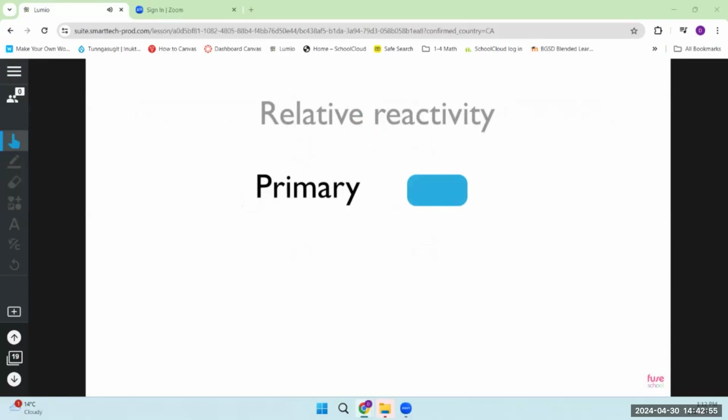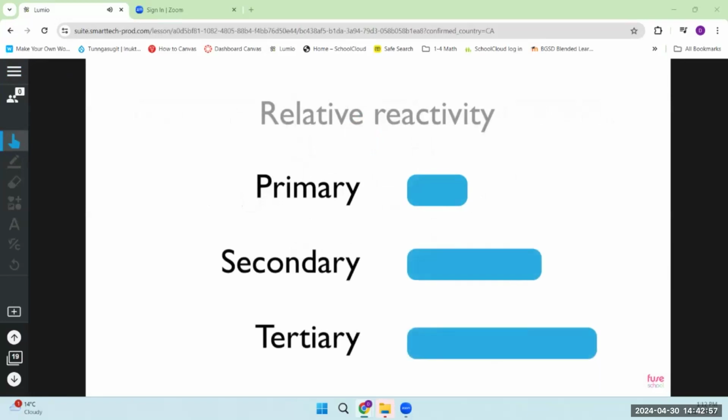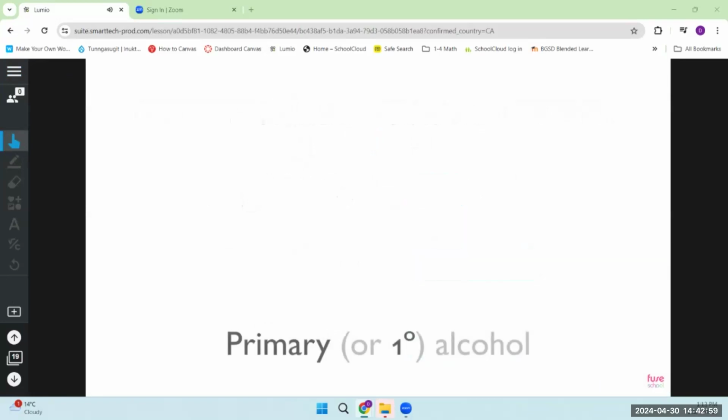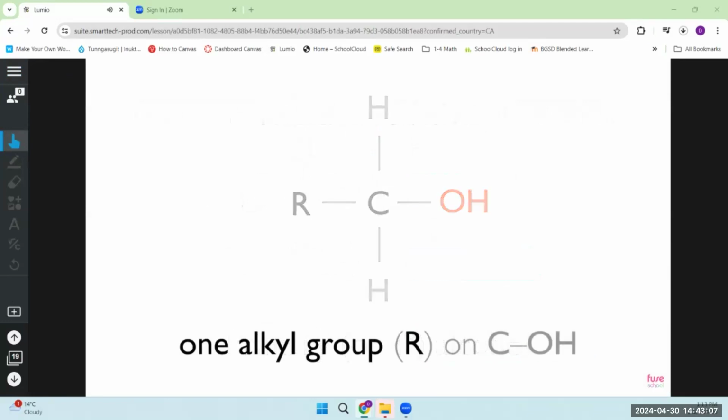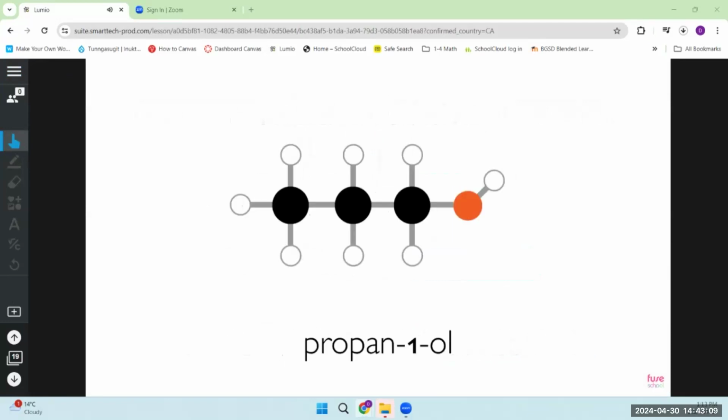Alcohols will react differently depending on the category they are in. In a primary alcohol, the carbon atom on which the OH group is bonded is itself attached to only one carbon chain or one alkyl group. Here is propan-1-ol. The OH is attached to the end carbon, and this carbon is attached to just one single chain of carbons.